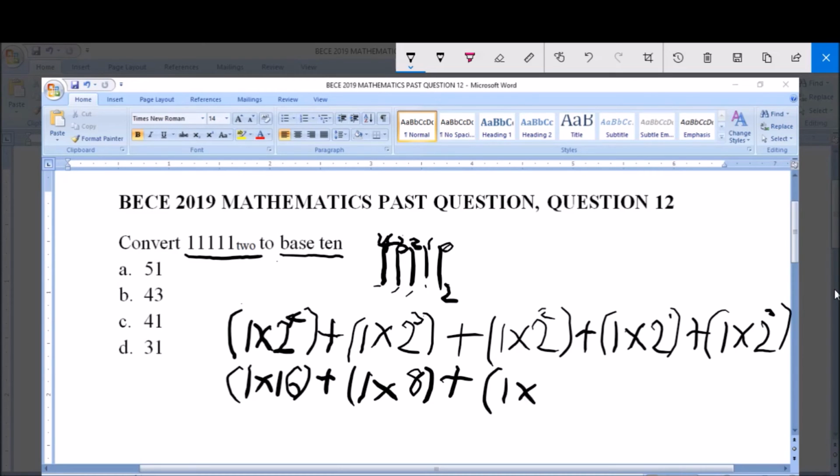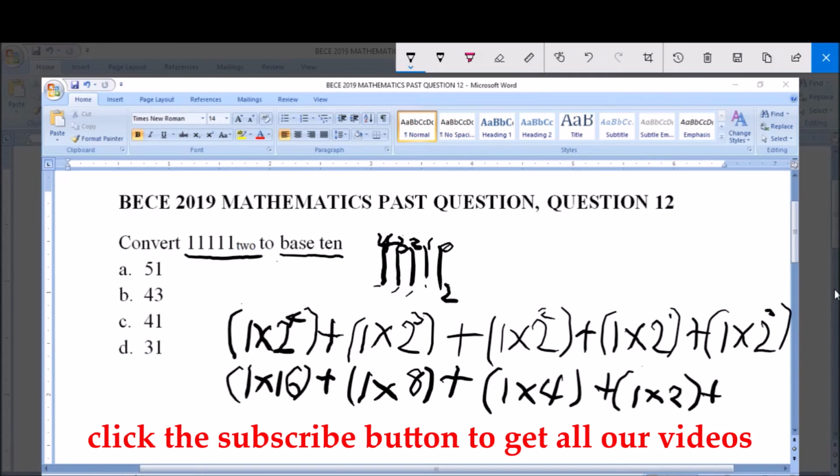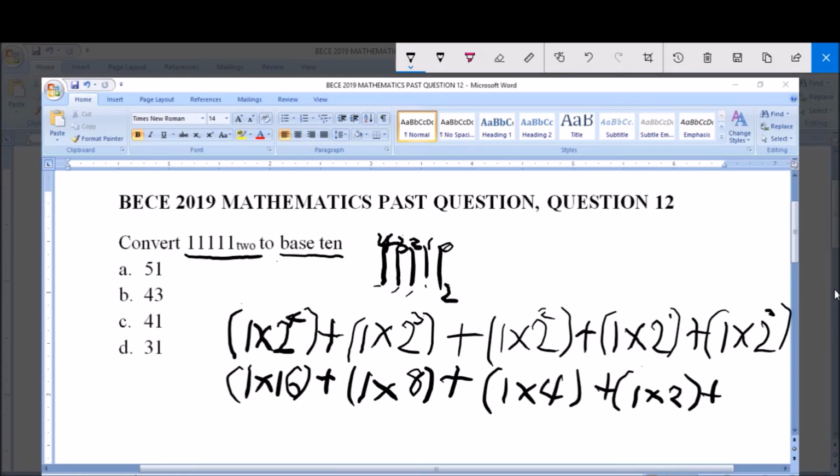So we have 1 times 4, plus 2 raised to the power of 1, which is 2, so 1 times 2, plus 2 raised to the power of 0, which is 1, because anything raised to the power of 0 is 1. So here we have 1 times 1.